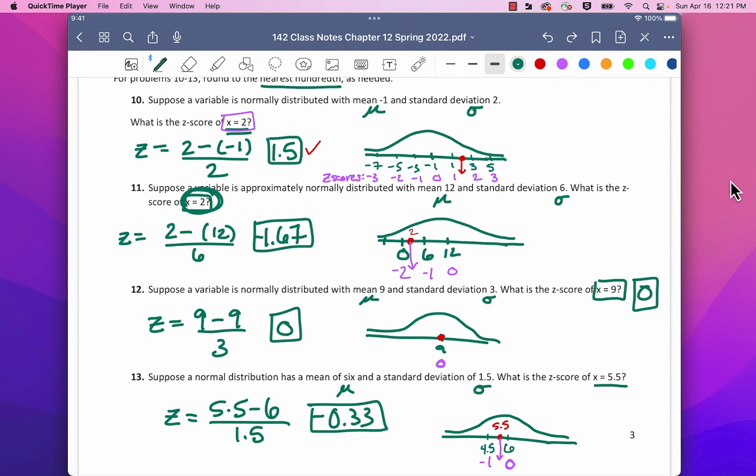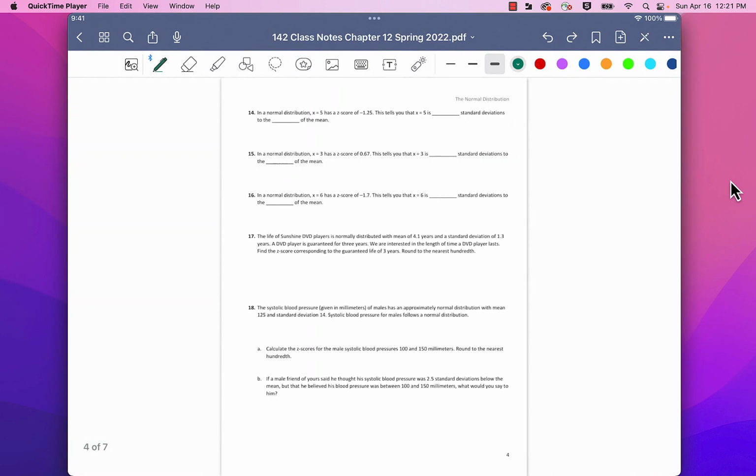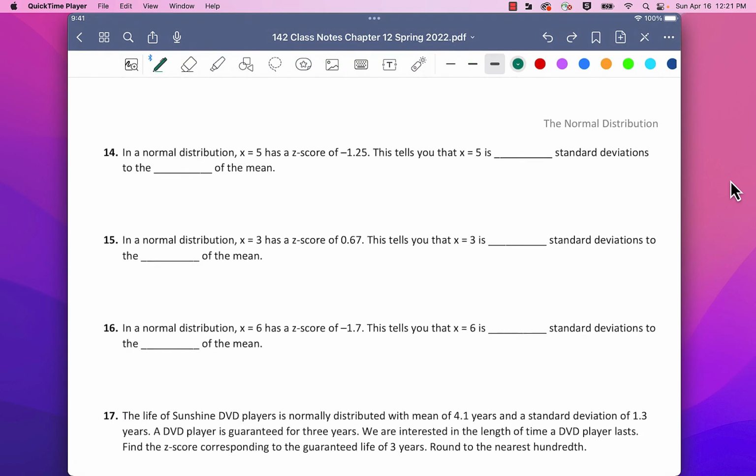Take a look at the next example. In a normal distribution, x equals 5 has a z-score of negative 1.25. These next couple of examples are more along the lines of definitions, making sure you understand what you're being told if you're being told about a mean and a z-score. So if the data value is 5 and it has a z-score of negative 1.25, that tells you that x is blank standard deviations to the blank of the mean.